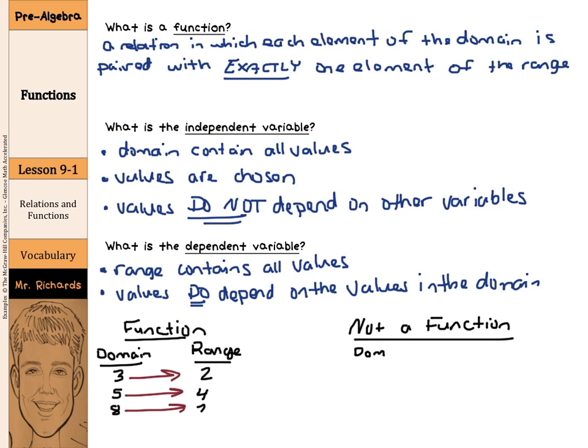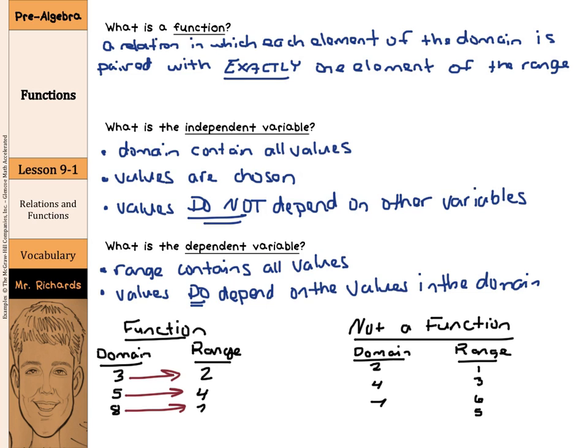Now compare that to something that's not a function. I can still have a domain and a range. And if I pick for my domain values this time 2, 4, and 7, well, what if my elements of the range here are 1, 3, 6, and 5?